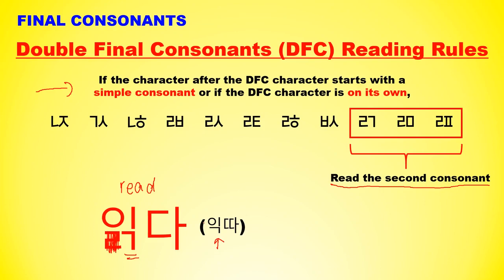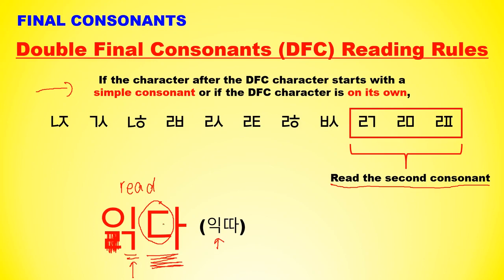Why is that so? Because according to the reading rule, if the character after the DFC character, which is this character over here, starts with a simple consonant, I need to read the second consonant, which is this one over here.